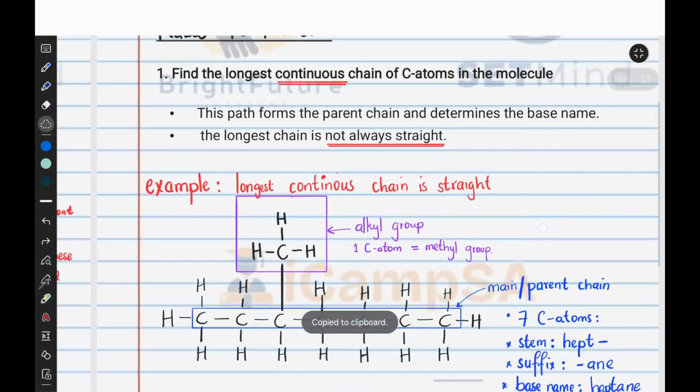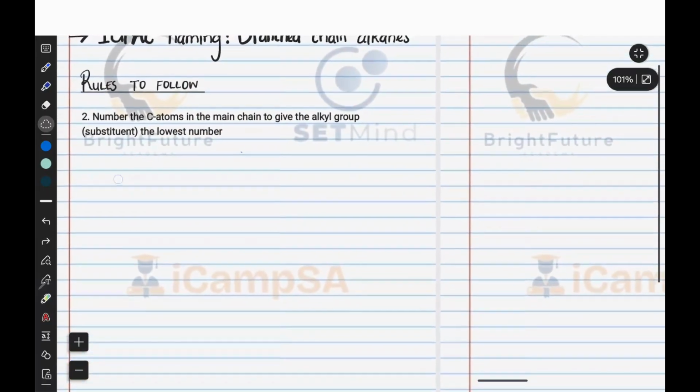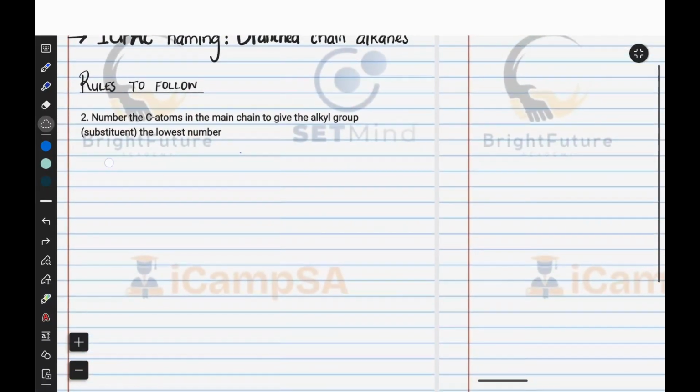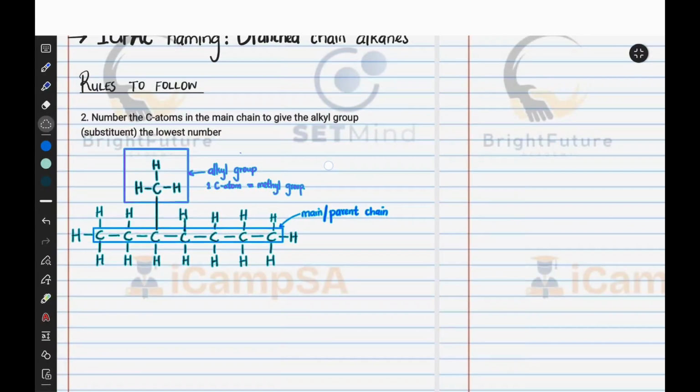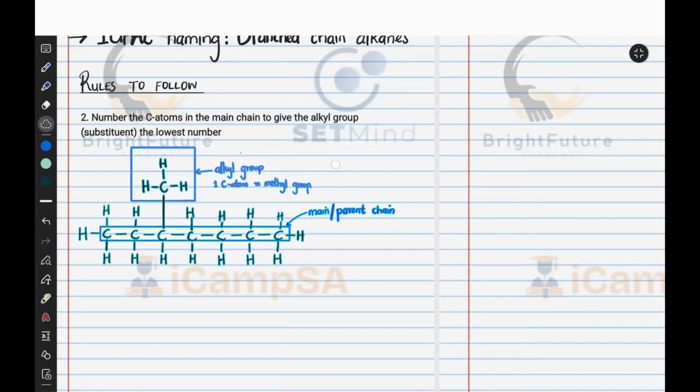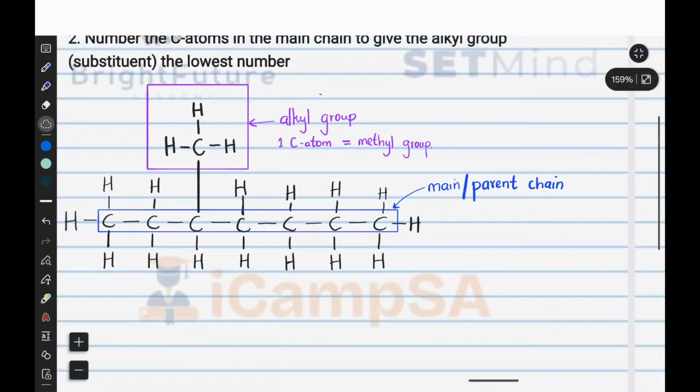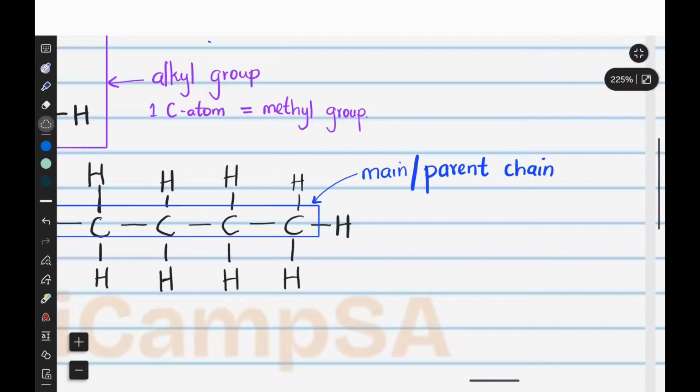All right, let's take this as it is and bring it this side. So now we have this. We have the main chain, which happens to be the longest continuous chain.